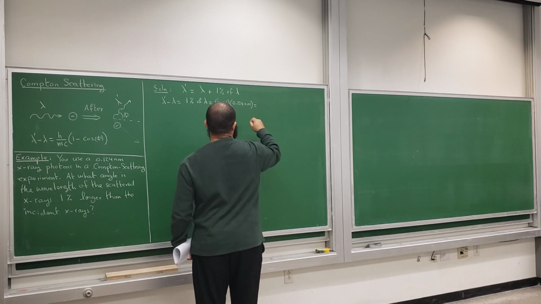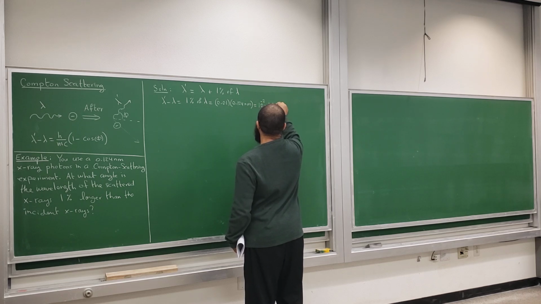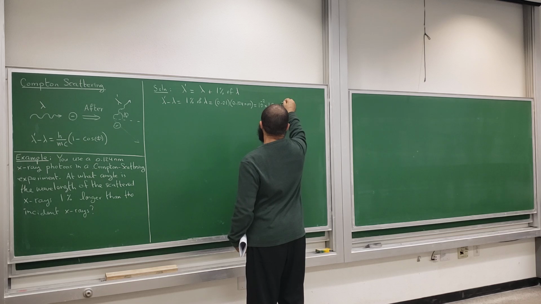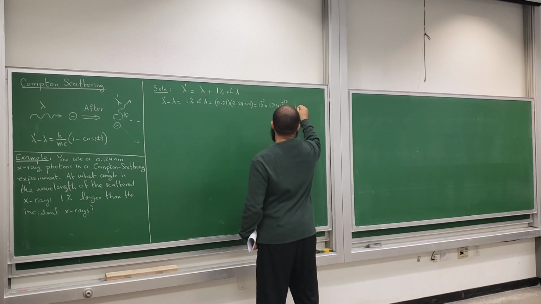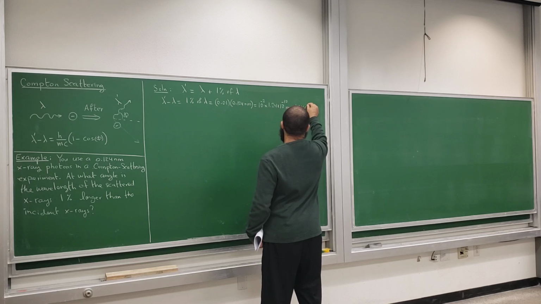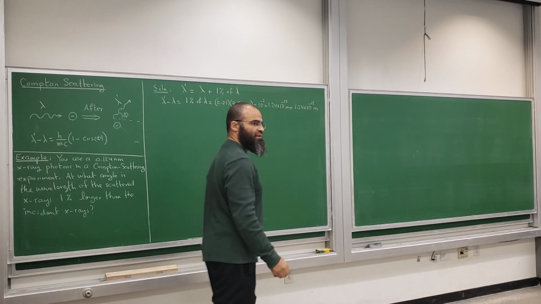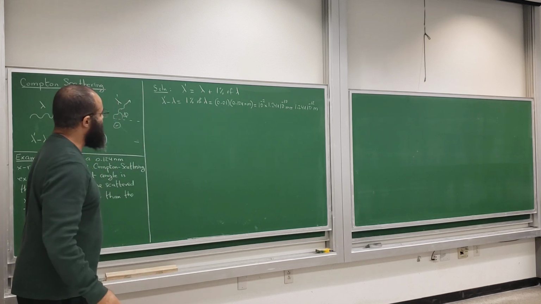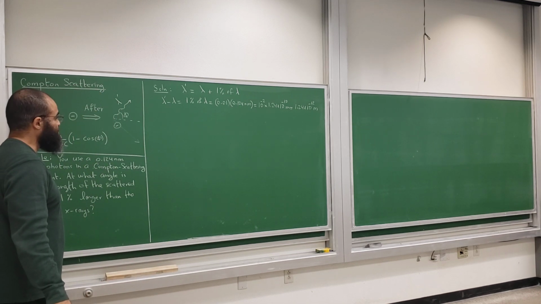Let's convert this to meters, so I get 10 to the minus 2 times 1.24 times 10 to the minus 10 meters, and that is 1.24 times 10 to the minus 12 meters. Yes? That would be the lambda prime minus lambda.